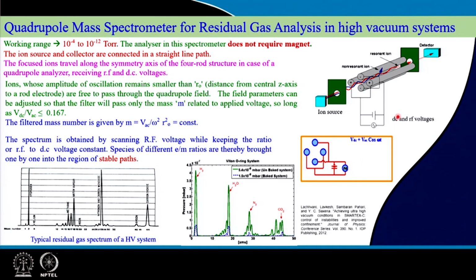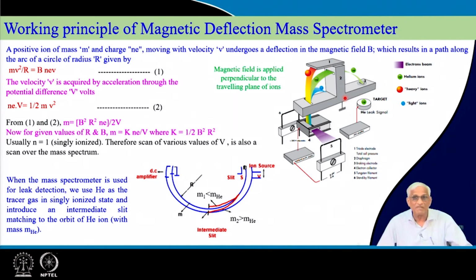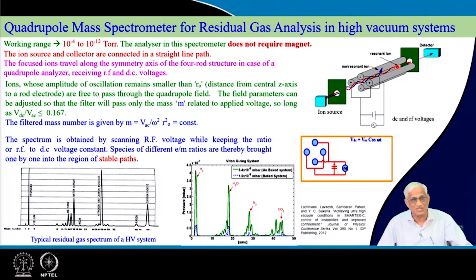Of course, this is not as sensitive as the mass spectrometric deflection magnetometer using a magnetic field. That is highly sensitive and can do leak detection more efficiently and residual gas analysis less efficiently, whereas this can do residual gas analysis more efficiently and leak detection a little less, but good enough to locate the leaks.